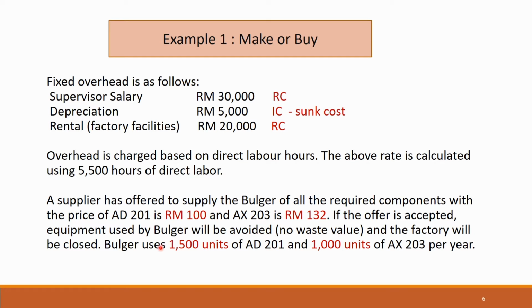Builder uses 1,500 units of AD201 and 1,000 units of AX203 per year. So it means that supervisor's salary and rental can be eliminated or avoided. But depreciation is irrelevant cost because it is sunk cost, the cost that had been incurred from previous years.